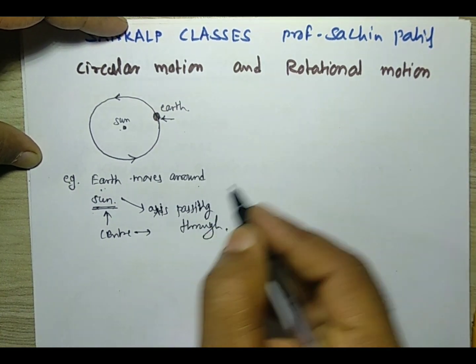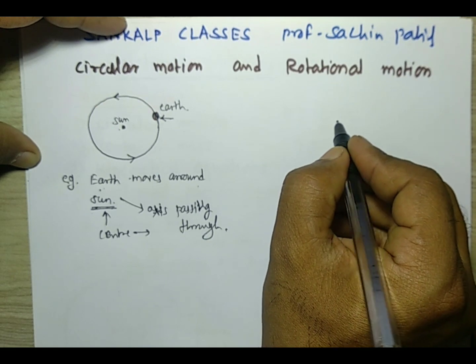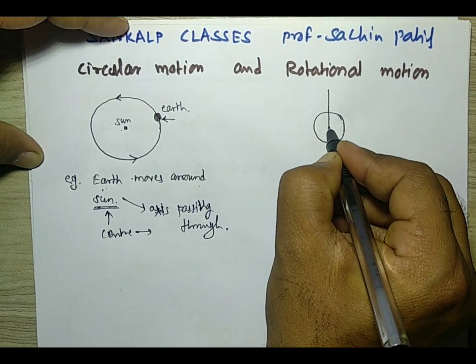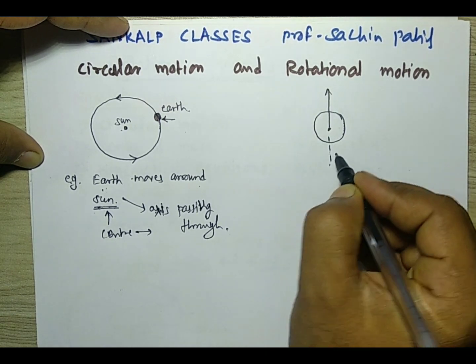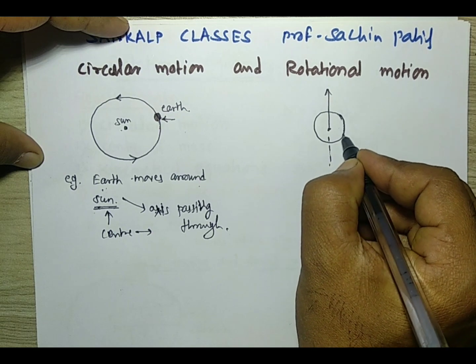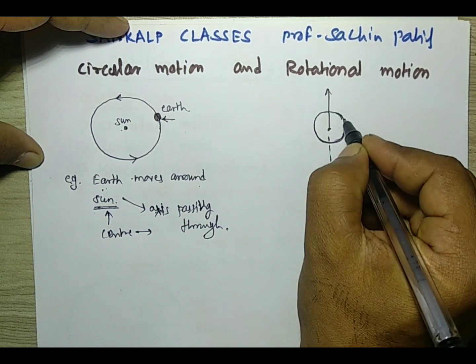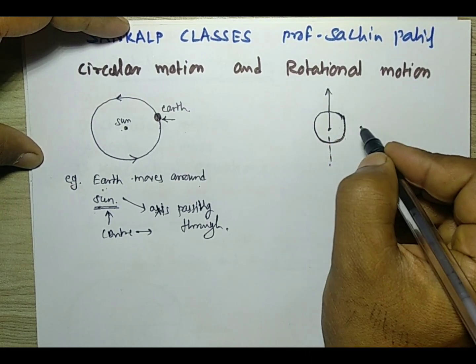But in rotational motion, let us consider a body, and the axis of rotation passes through that body. Let us consider the Sudarshan Chakra on the finger of Sri Krishna.